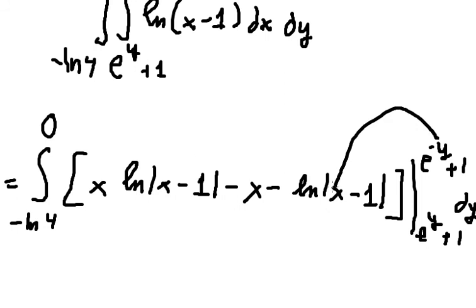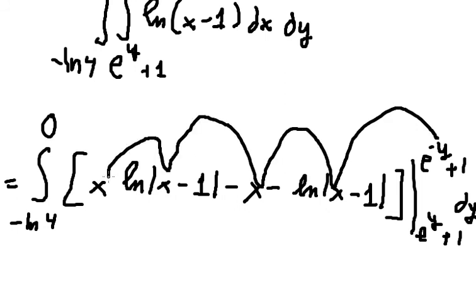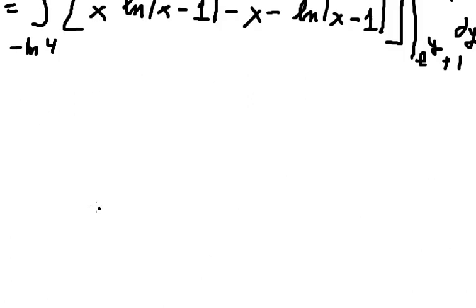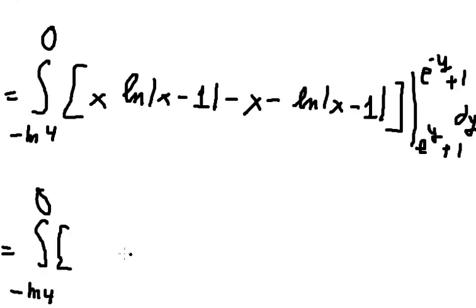Now I will put this one gone here, and this one gone here. So if we simplify, you got like this. So we have e to the power of negative y plus 1. So this 1 minus 1 they cancel. We just have negative y in here.